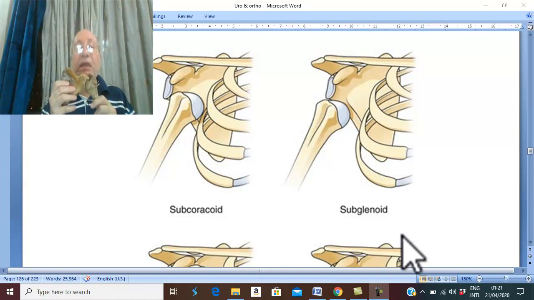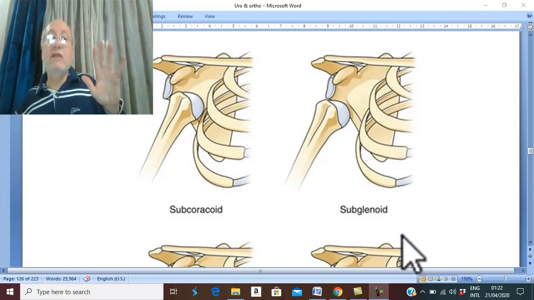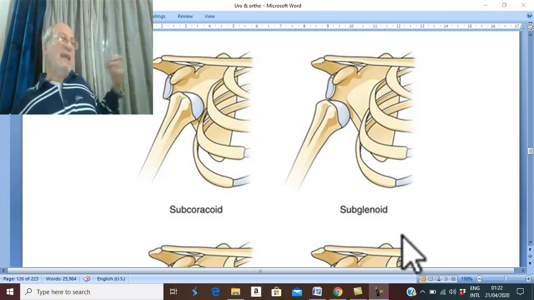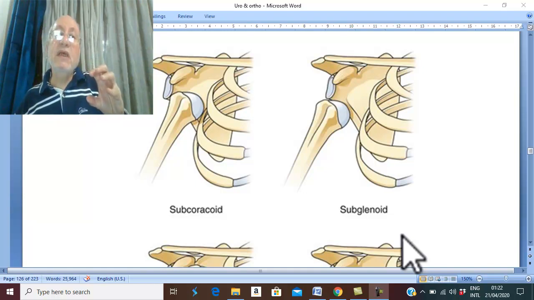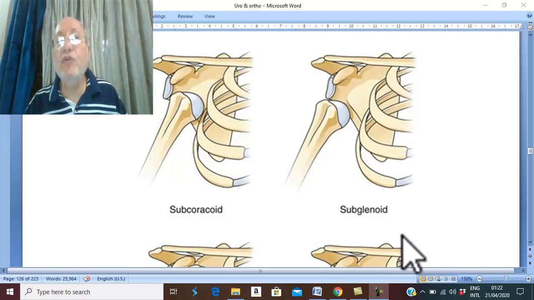Therefore, when the patient always does this movement, the head of the humerus comes in front of the rupture in the capsule and labrum and dislocates again. Therefore, the commonest recurrent dislocation all over the body is dislocation of the shoulder joint.